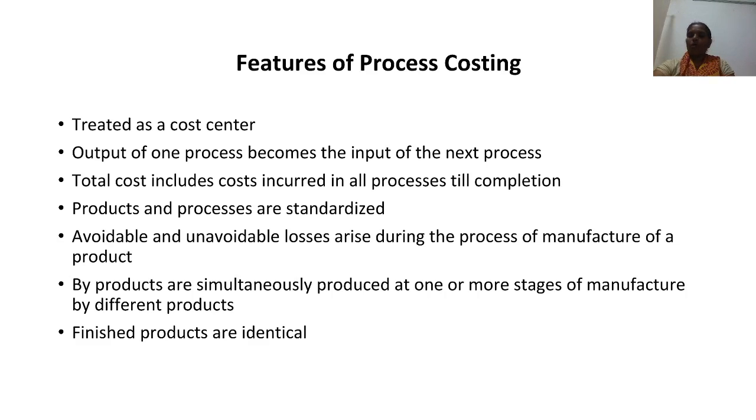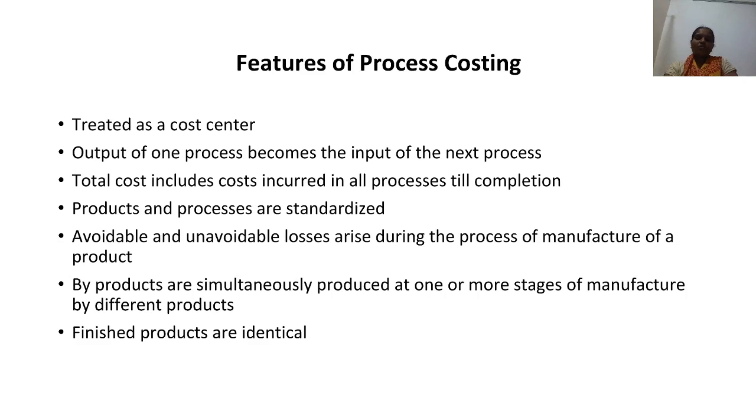Next one, the total cost includes the cost incurred in all processes till the completion of all the processes. Products and processes are standardized in process casting. That means the finished goods in all the processes are homogeneous.